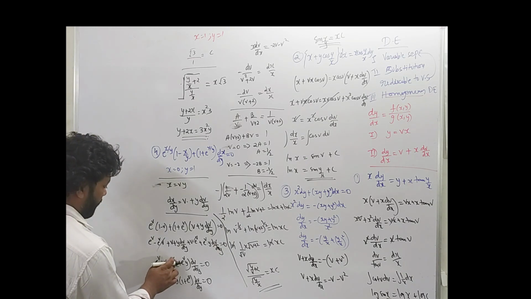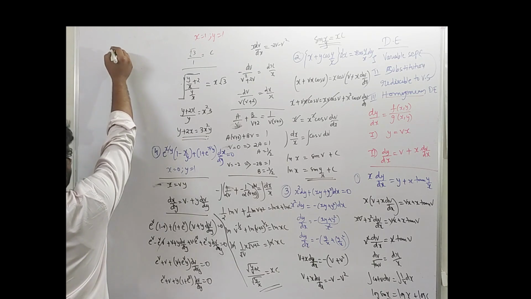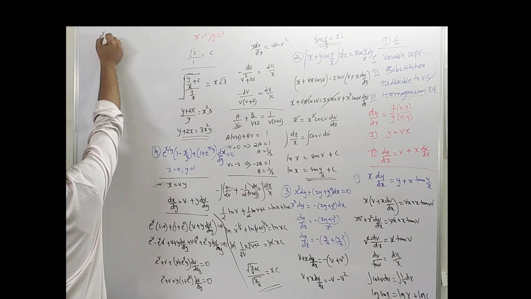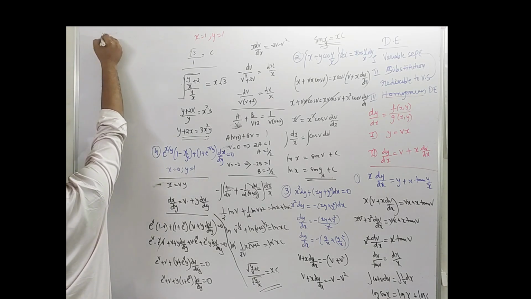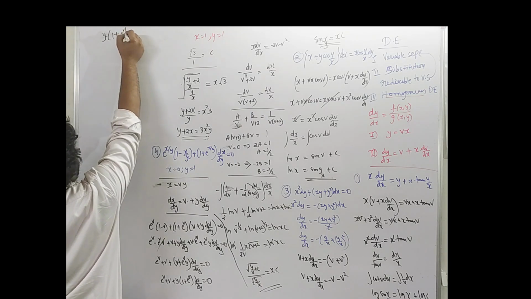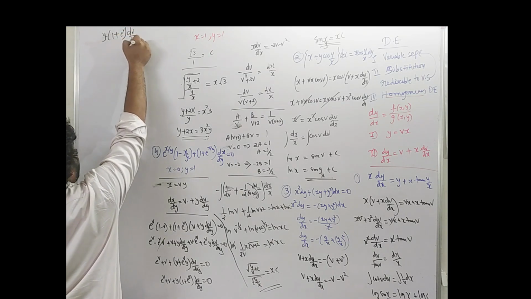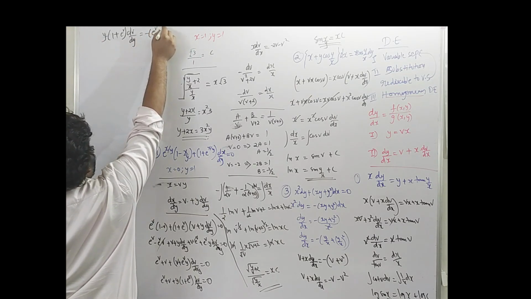So let's rearrange e^v plus v. Let's shift it on the other side. So y(1 plus e to the power v) dv by dy is equal to minus of (e to the power v plus v).